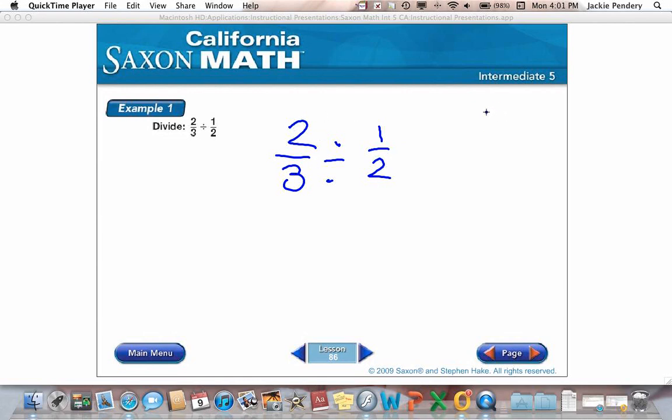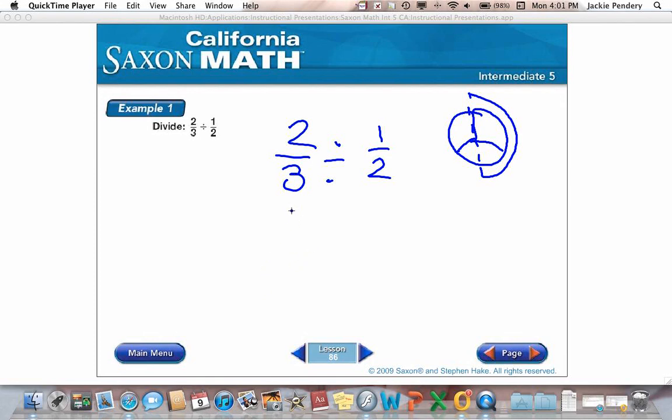If I was to draw a picture and I divide my circle into 2/3, it wants to know how many half circles are there in 2/3. Okay, so the picture is a little confusing, so let's talk about how we actually solve this problem.